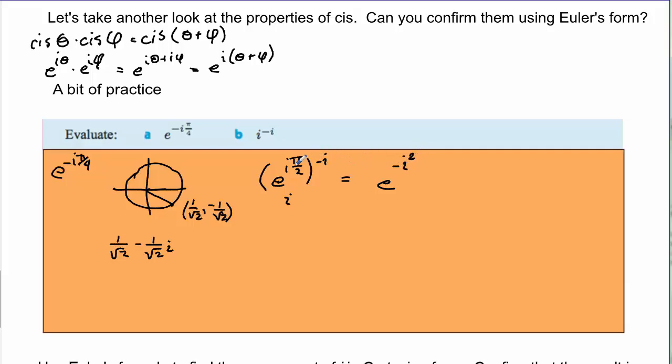Minus i squared is this i times that i with the minus sign, times pi over 2. And minus i squared is 1. So this is just e to the pi over 2, which is a real number. Oh, that's interesting. i to the minus i is a real number, e to the pi over 2.